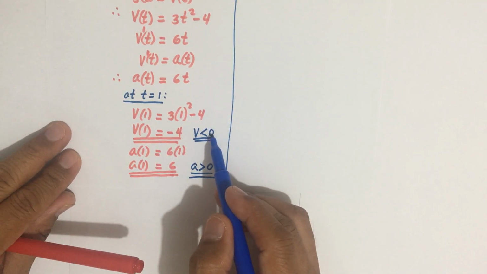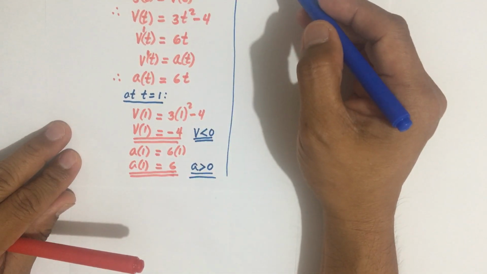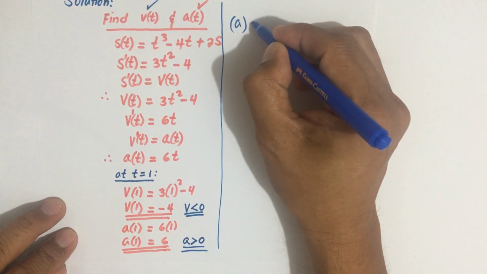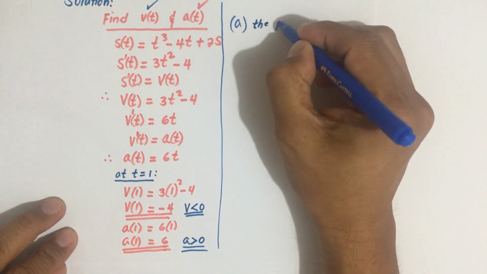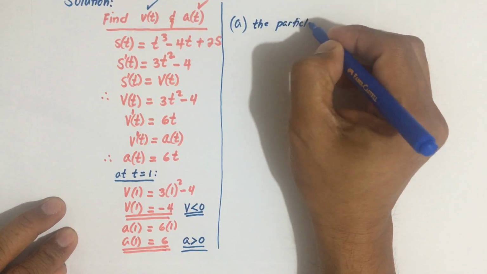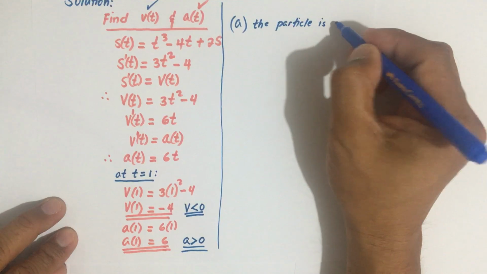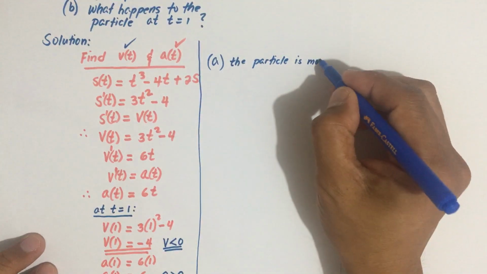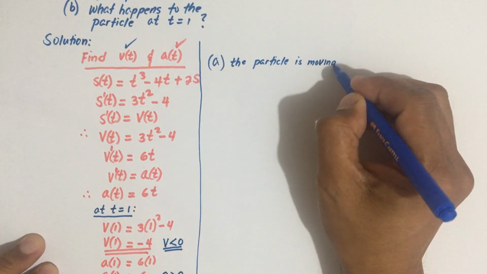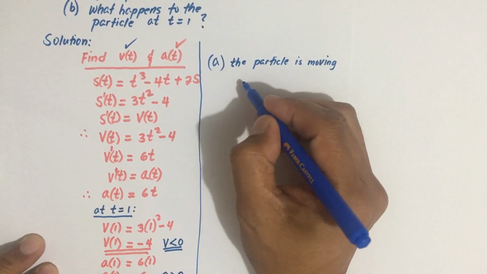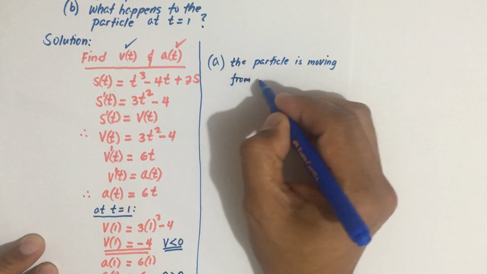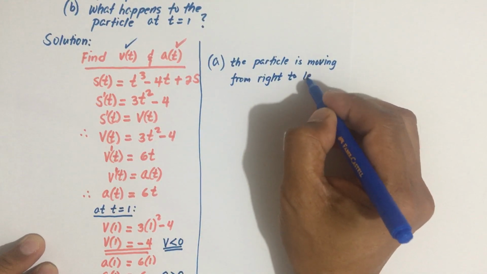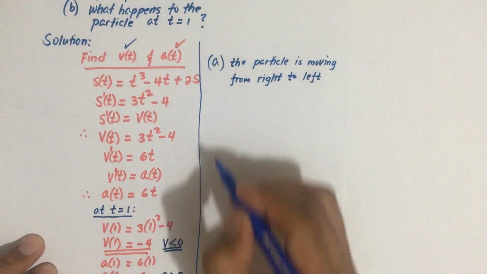So we can say that for our a, our answer here is the particle is moving from right to left.